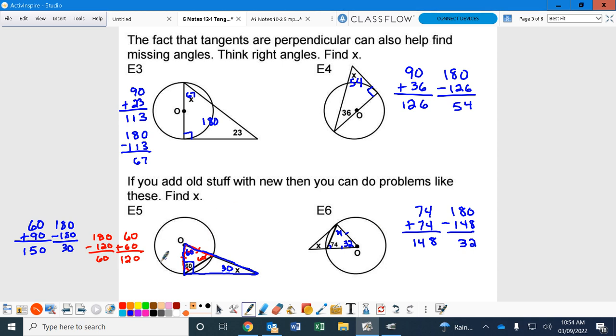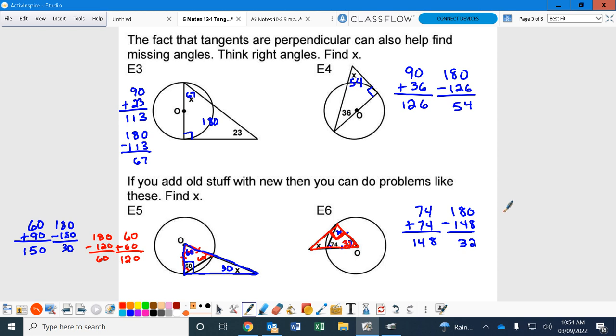So now looking at the big triangle, I'm going to trace it in red. I've got this big triangle. So far, I only know one angle. I know this one is 32. Well, there's also the right angle. They've got the tangent right here. This is a tangent, so it's going to be a right angle.